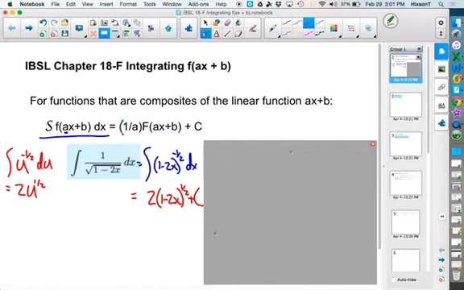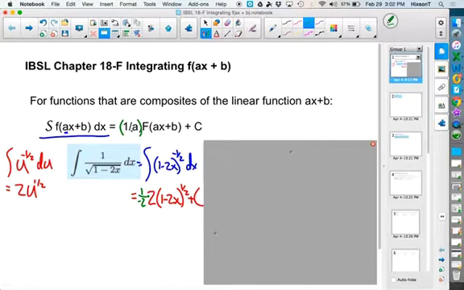But here's where this part comes in. What's the derivative of that inner function? Negative 2. The derivative of 1 minus 2x is negative 2. So I need to multiply by 1 over negative 2. Why?